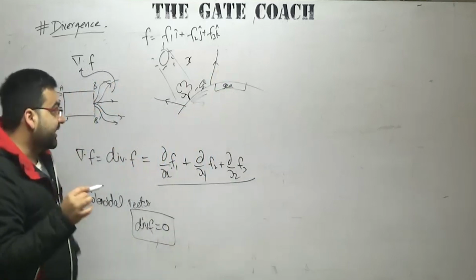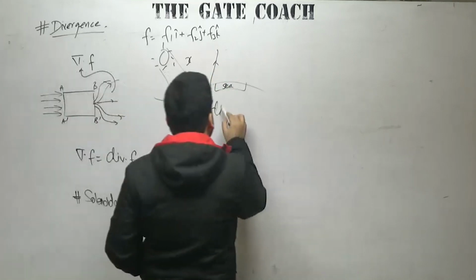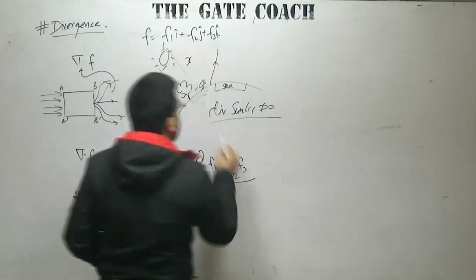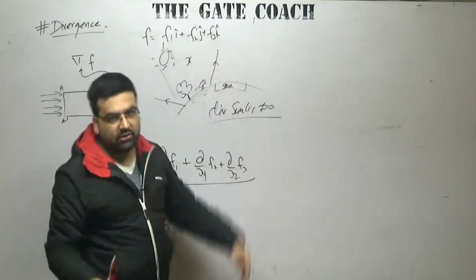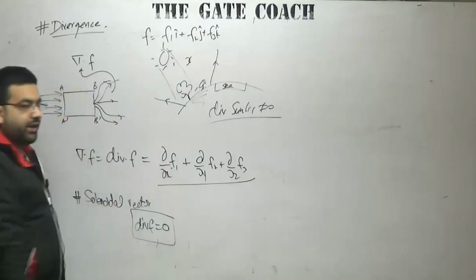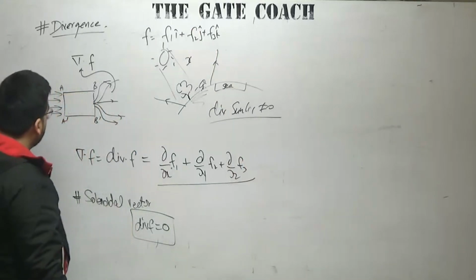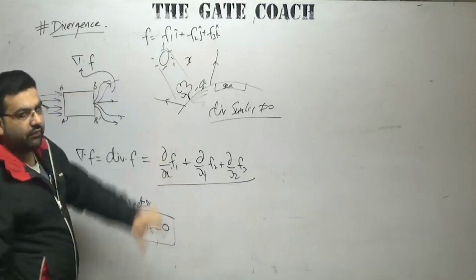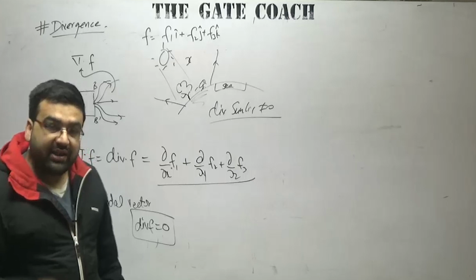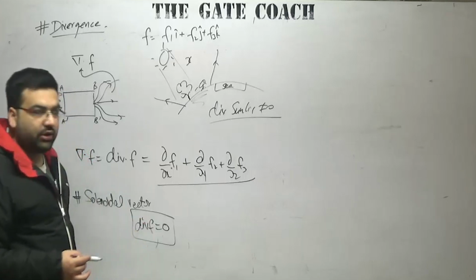Now, I will say that the divergence of this sunlight will not be equal to 0, because whatever is coming is not going out. Some has been absorbed. There are some losses. But in case of fluid, if the rate of fluid which is coming in becomes equal to the rate of fluid which is going out, the divergence is 0. And that type of vector is called the solenoidal vector.